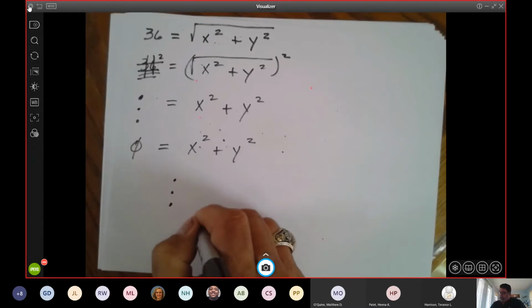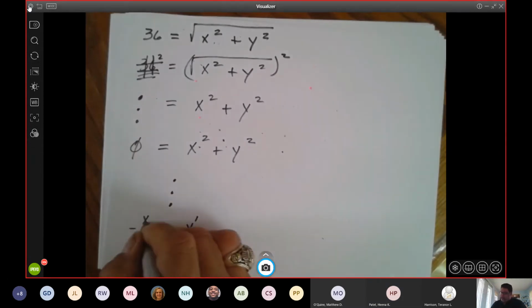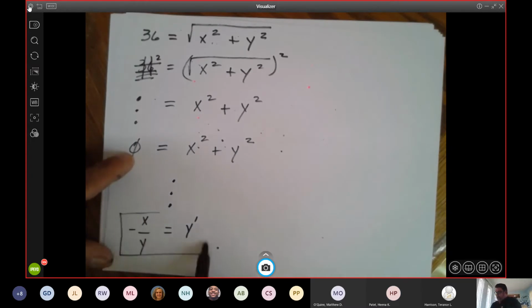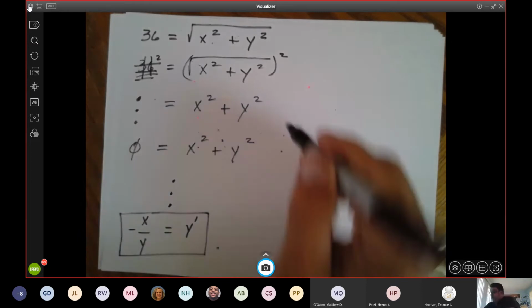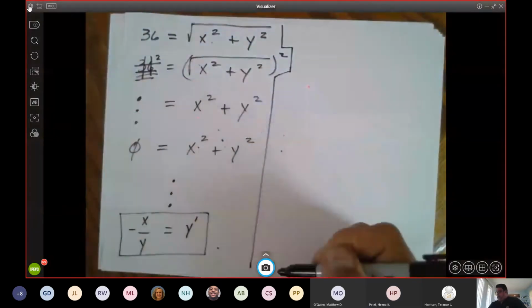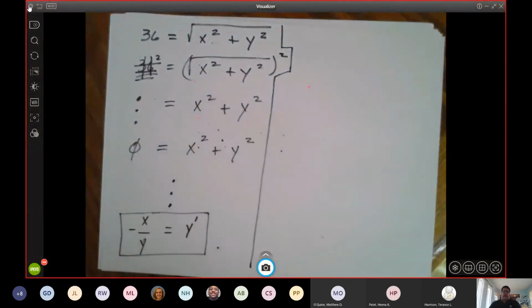Y prime is equal to negative x over y. Okay, now I want you to find y double prime. We'll do that over here. Give me the derivative of this function, of course, in respect to y. So it's going to be implicit quotient rule.